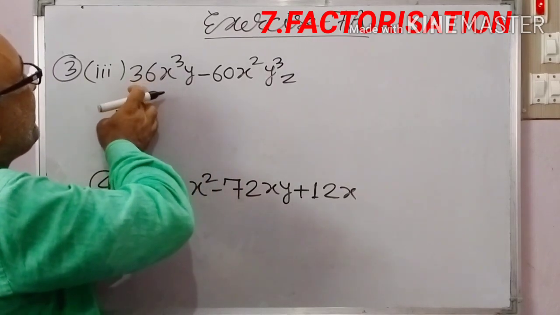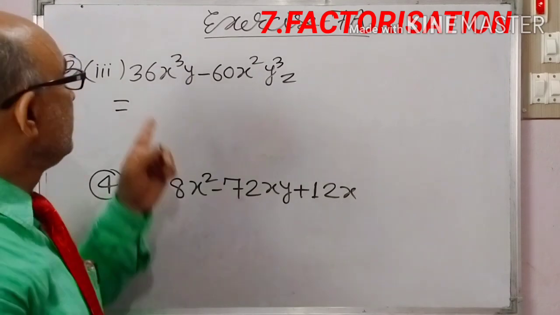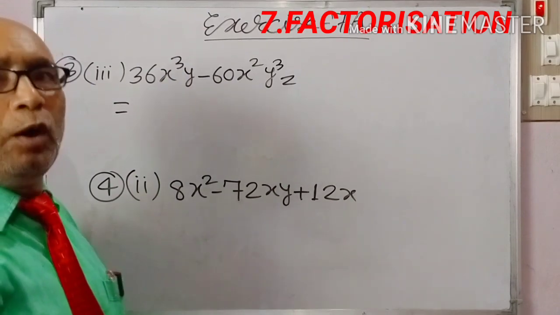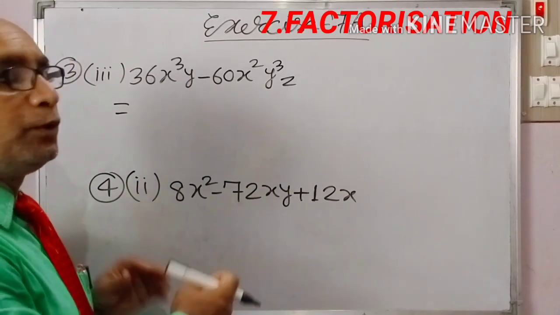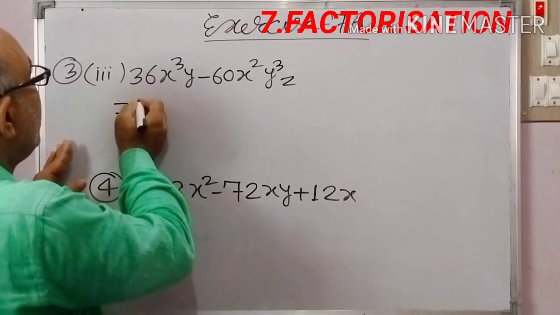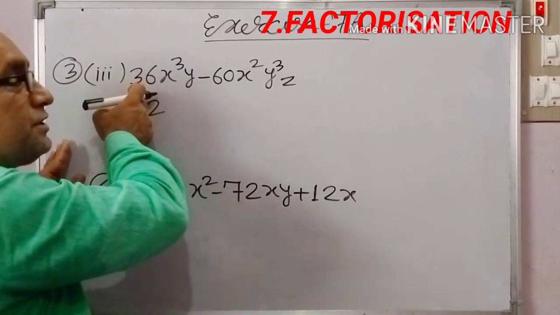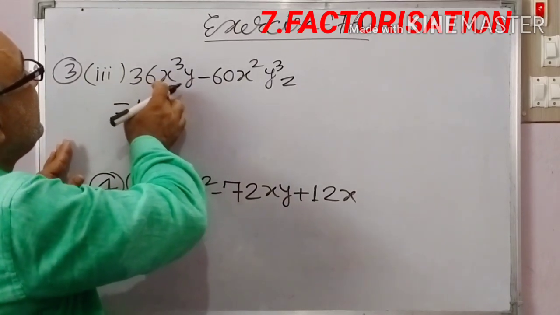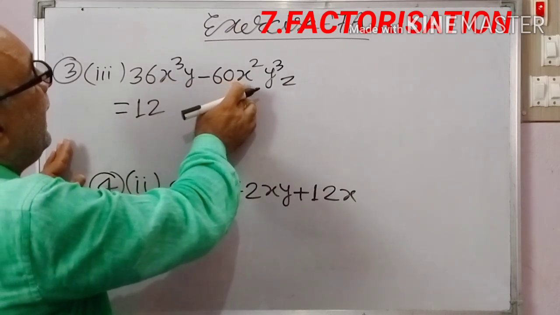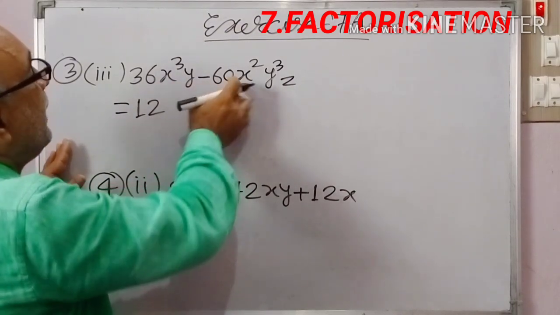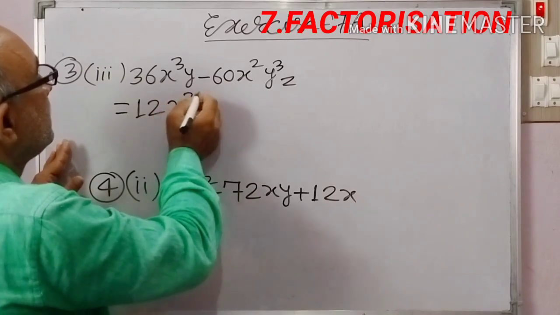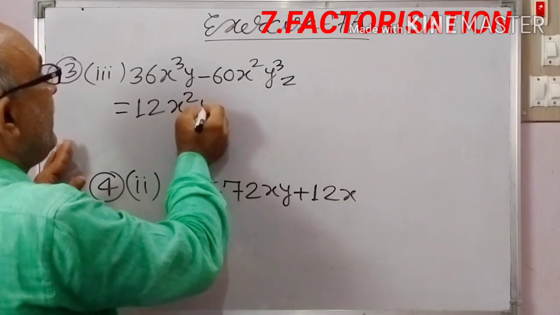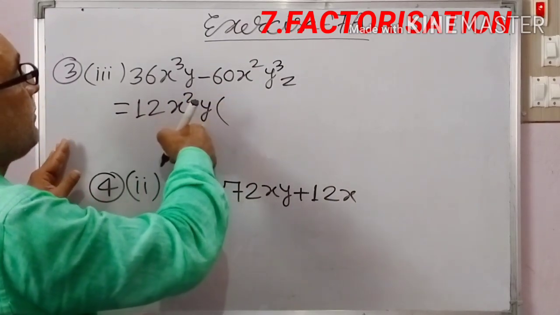Here the HCF of 36 and 60 is 12. In 36 and 60, the common number is 12, 2 into 2 into 3. So common is 12. 12 into 3 is 36 and 12 into 5 is 60. In this term x cube and in this term x square, so x square is common. Here y and in this term y cube, so y is common. So 12x square y is common.